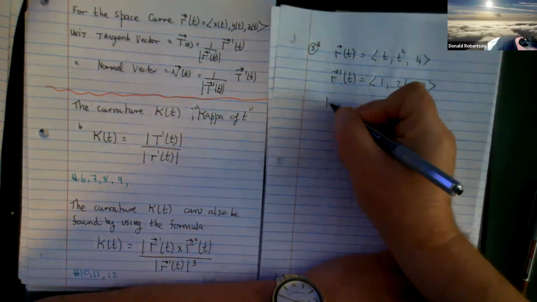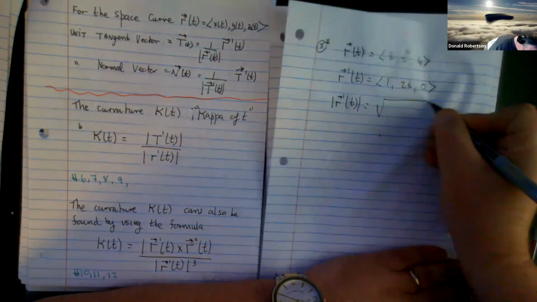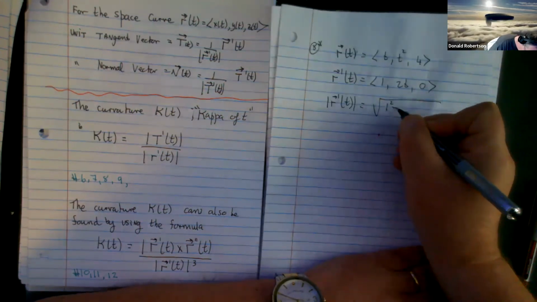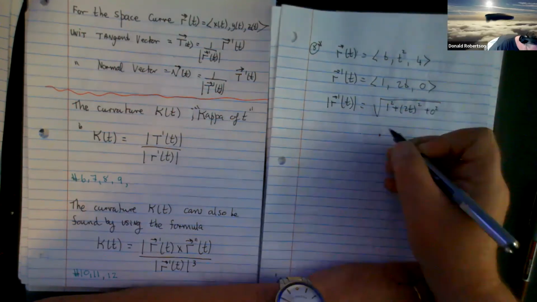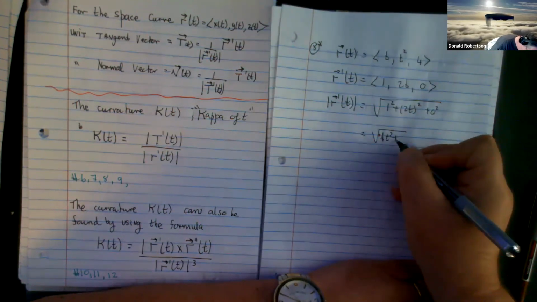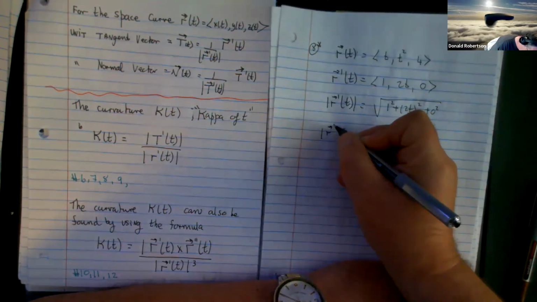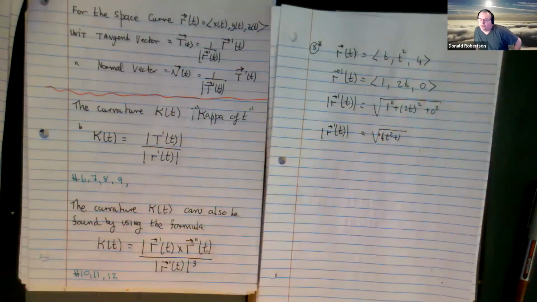I will find the magnitude of that derivative vector, which is the square root of 1 squared plus 2t squared plus 0 squared. And it's the square root of 4t squared plus 1. And no, that is not 2t plus 1. I wish it was 2t plus 1, but it isn't. You can't simplify it, right? You just got to live with it.